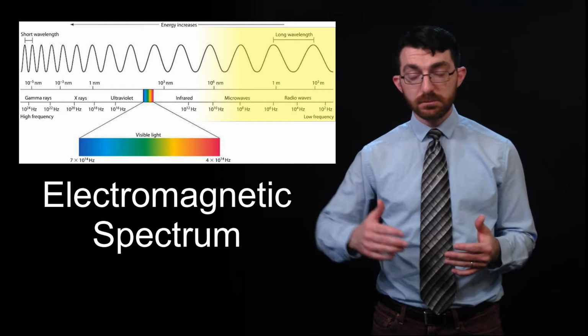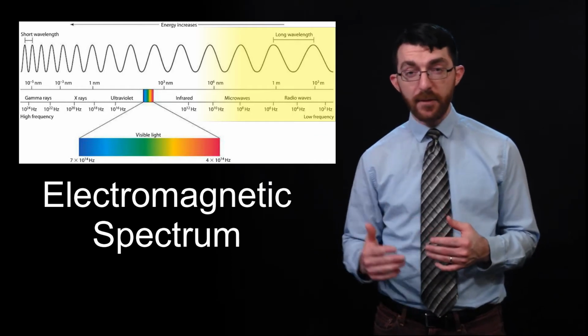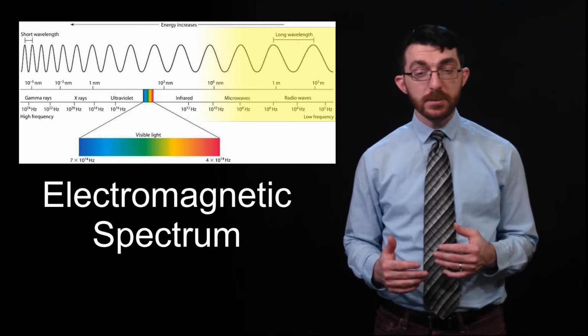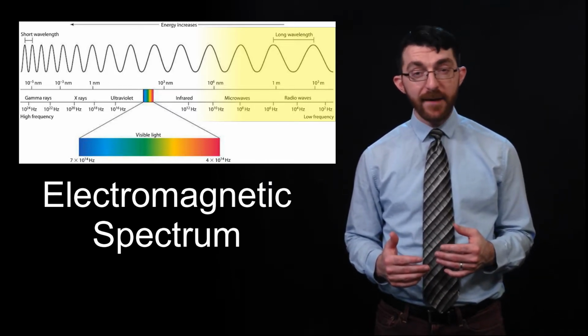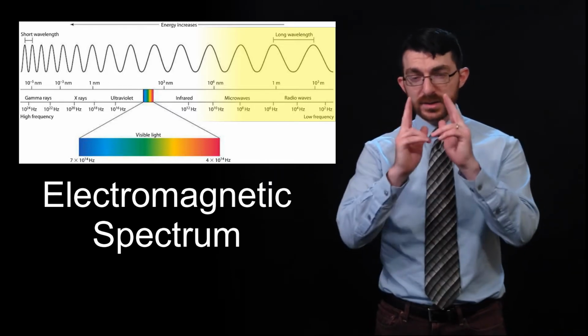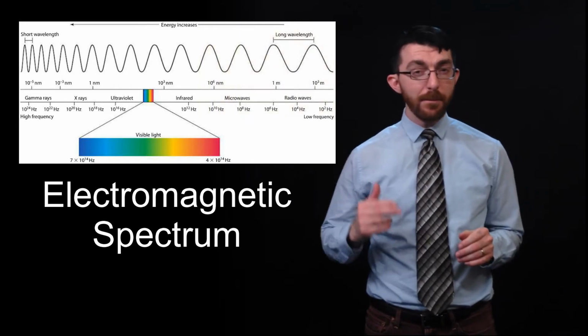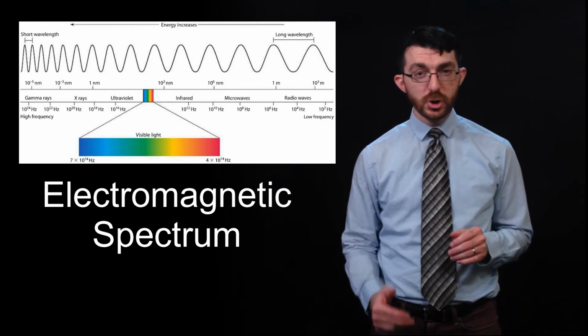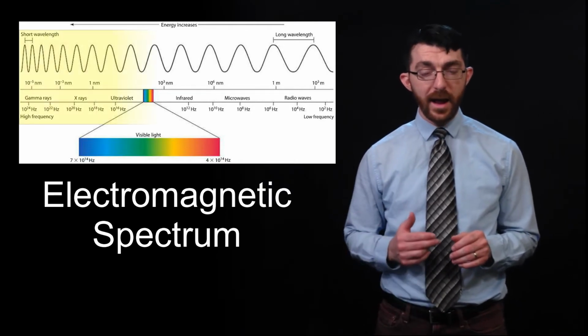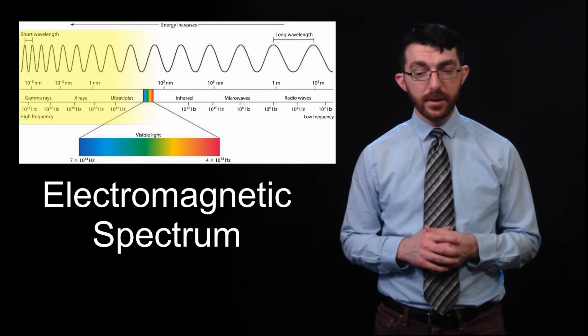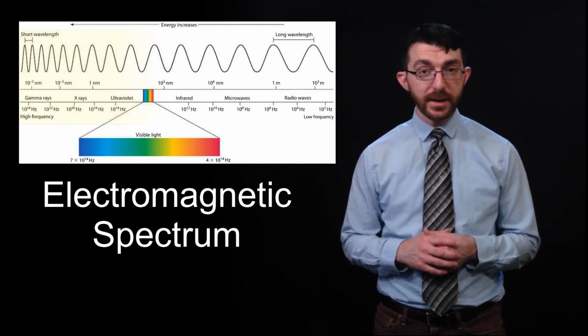Above those, shorter wavelengths, higher frequencies, we have microwaves. Past that, we come to infrared. And after infrared, we have a little slice of visible light. If you go above visible light, shorter wavelengths, higher frequencies, you enter the ultraviolet range. After ultraviolet, you're going to have X-rays and eventually gamma rays.